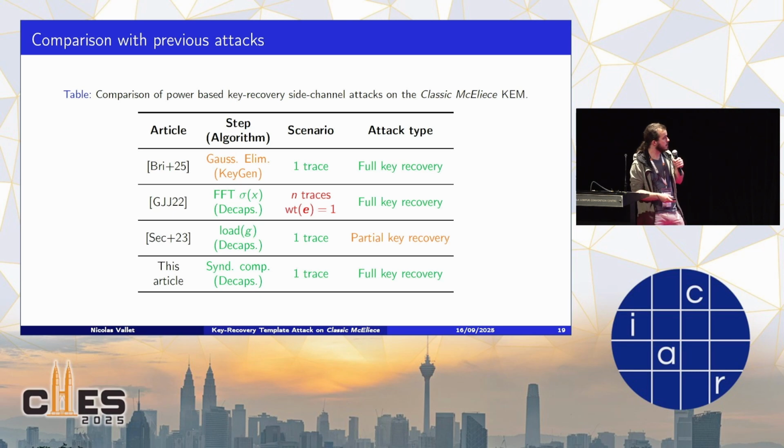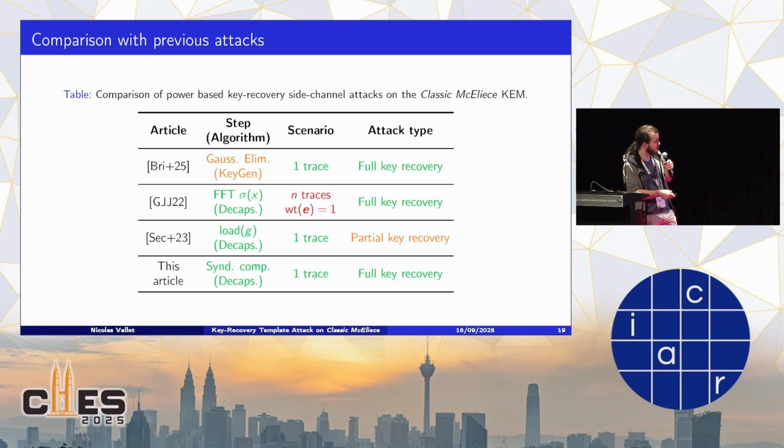So now, for the comparison with the previous power-based key recovery side channel attack on the classic McEliece scheme, what makes my attack better than the previous one was that we worked on the decapsulation algorithm, which, compared to the key generation, is used more often, so that makes it more vulnerable.